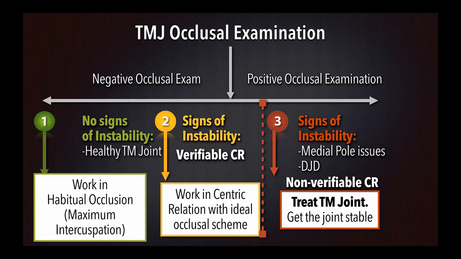The second option is if they have signs of instability but a healthy joint, in other words, a verifiable centric relation. This is when we can work in centric relation, in other words, seat the condyles and create an ideal occlusal scheme from there, meaning that in their centric occlusion, when the condyles are seated, everything fits together. And so if we have that scenario as they go into protrusion and left and right lateral, there's no ability to rub on back teeth.